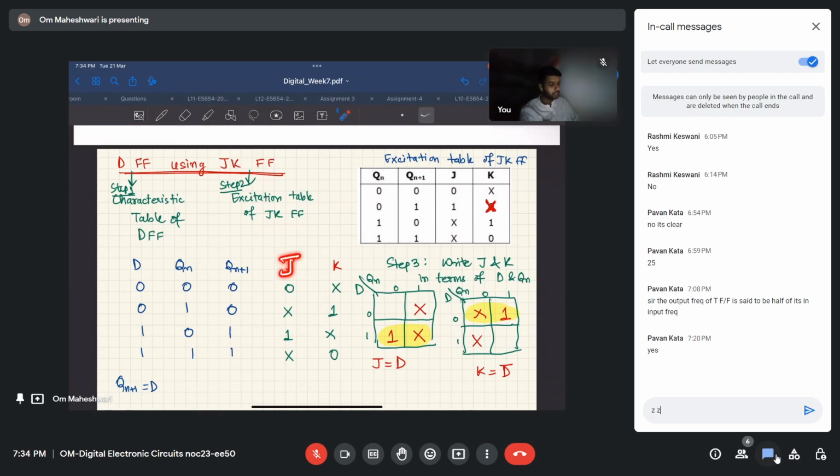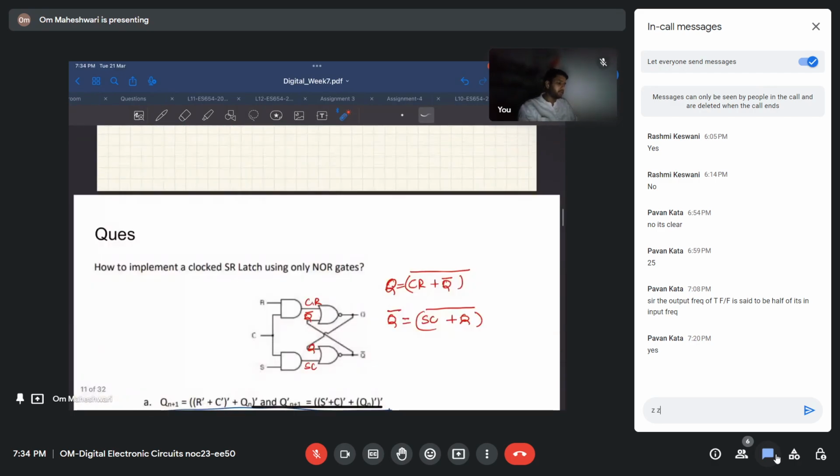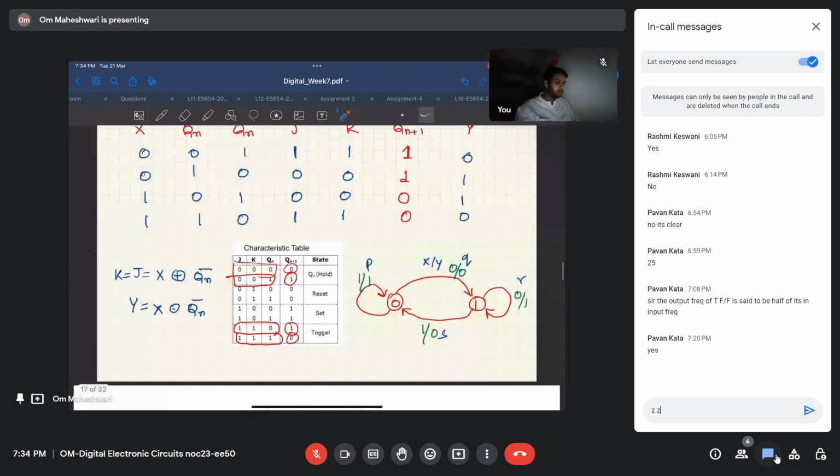Then we write J in terms of D and Qn, and we write K in terms of D and Qn. To do that, we just make a K map of D and Qn and write J what we found and K what we found. So let us do this example. It will be more clear.